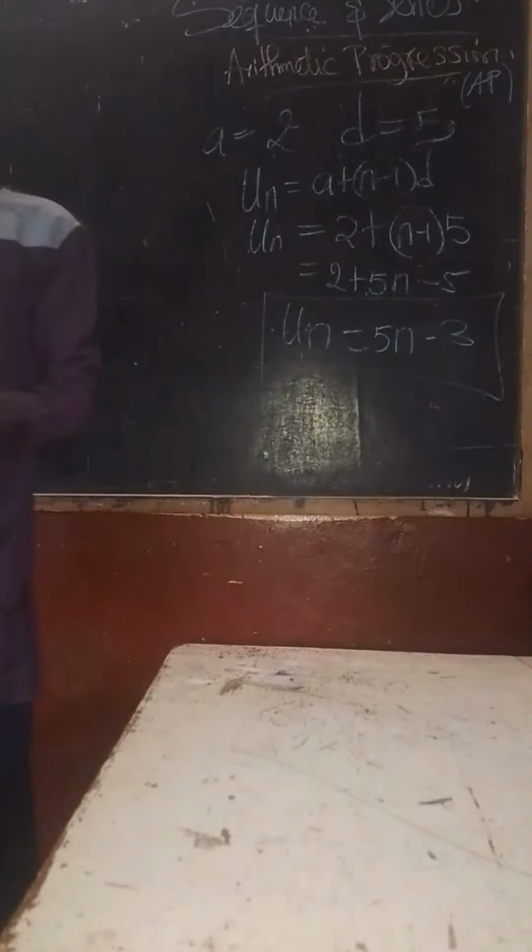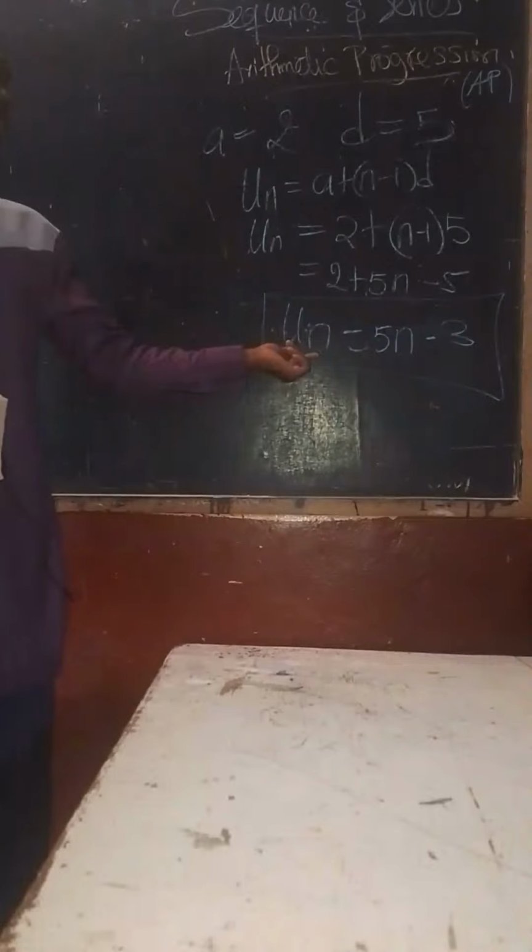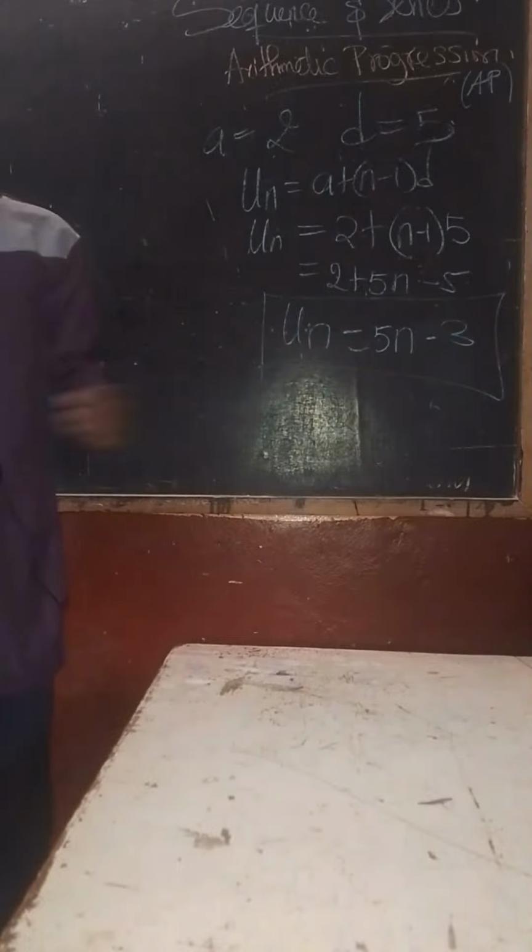Well, okay. It's okay. So we're leaving the answer there like that. Yes, you want to continue. This is the nth term. I'm telling you, we'll leave the n alone.